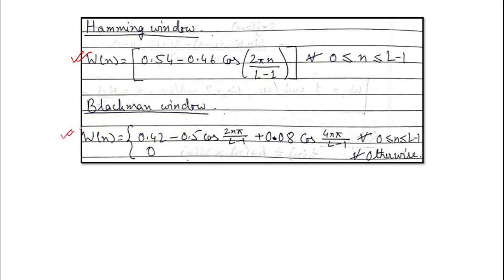This Hanning, Hamming, and Blackman. These three are very commonly used in biomedical signal processing. So these three equations you should learn by heart, and numericals will be coming from here. And please practice. If you don't practice, it will be difficult for you to perform in the examination.